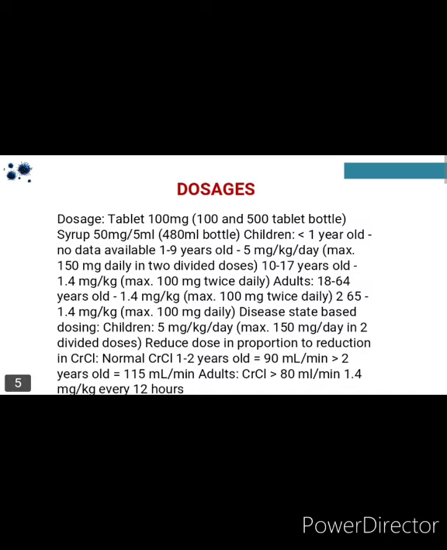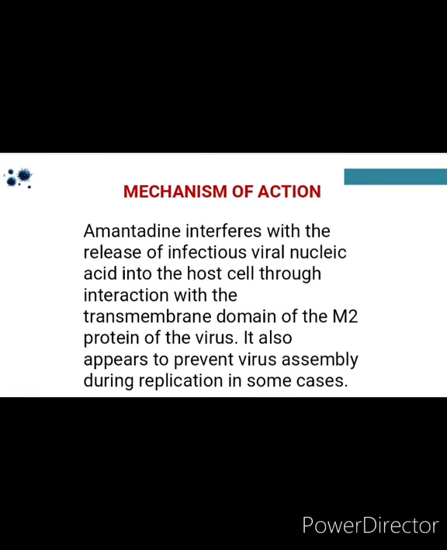Disease stable based dosing: for children, 5 mg per day, maximum 150 mg a day in 2 divided doses. For adults, 1.4 mg per kg every 12 hours.